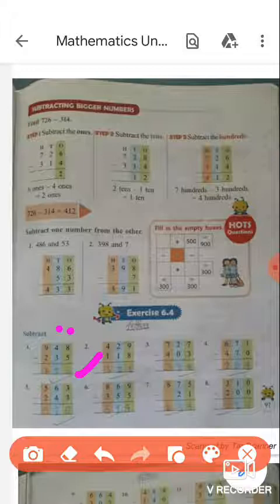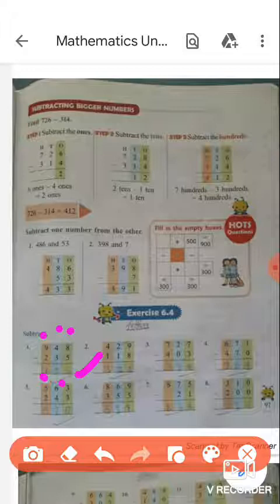At tens place, 4 tens minus 3 tens equals 1 ten. And at hundreds place, there are 9 hundreds minus 2 hundreds, you will get 7 hundreds. So in this way, you will get the answer 713.